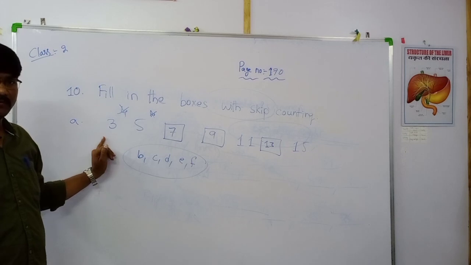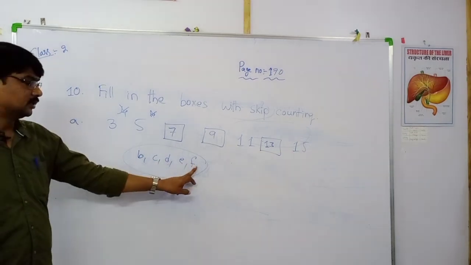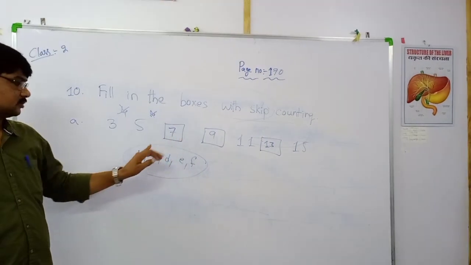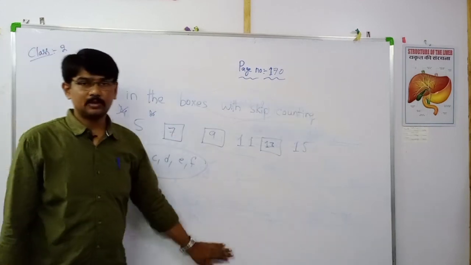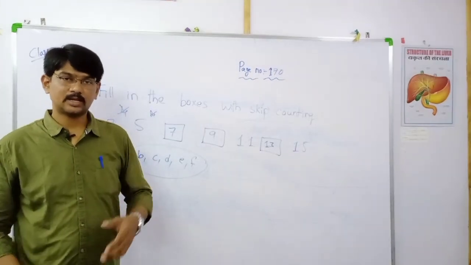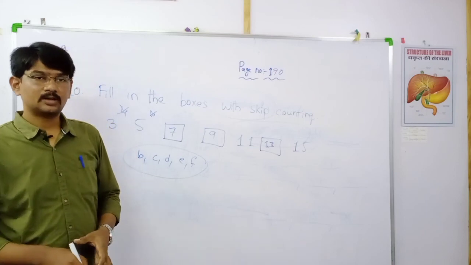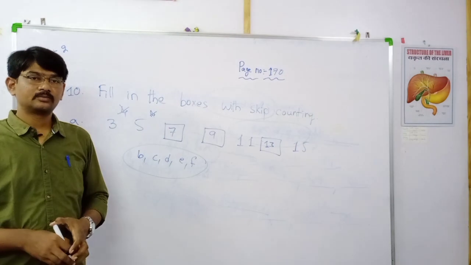I hope you understand well. Then B, C, D, E, F problems, they are your homework, children. All these problems solve yourself and write in your classwork notebook. At the same time, fill in your textbook also.